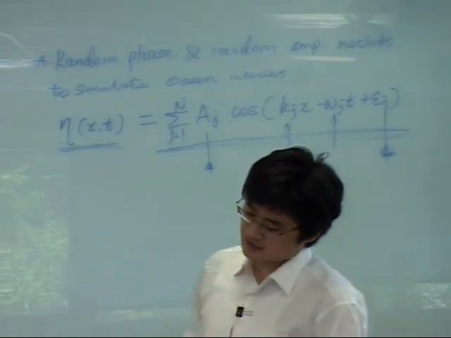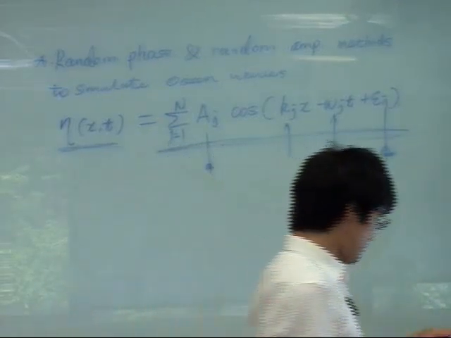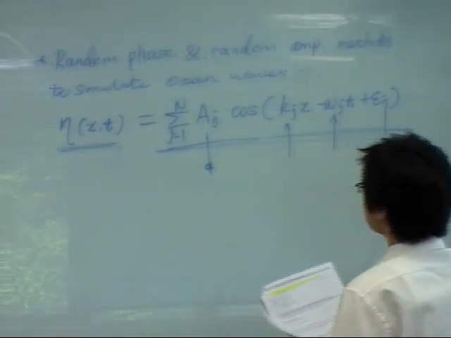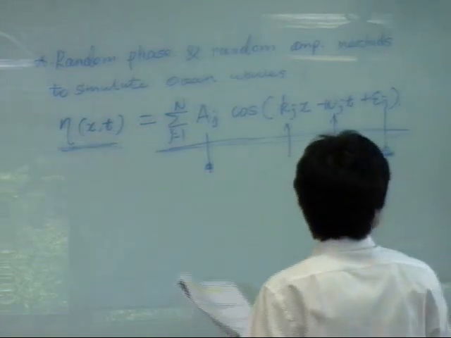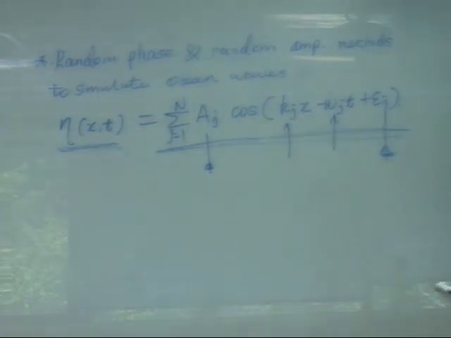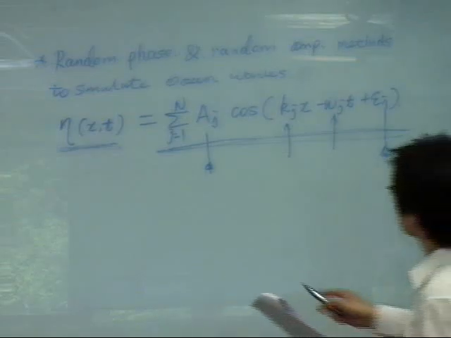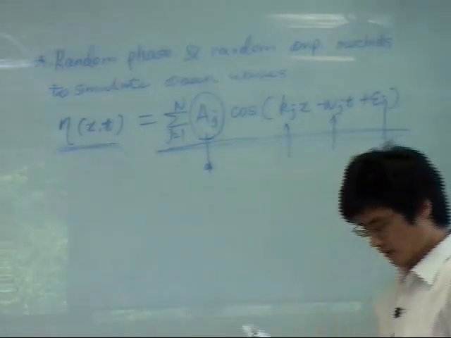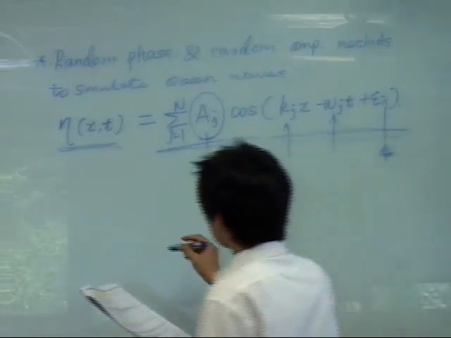So given a wave spectrum, how do you simulate the random ocean waves? We can use the given wave spectrum to figure out the amplitude.